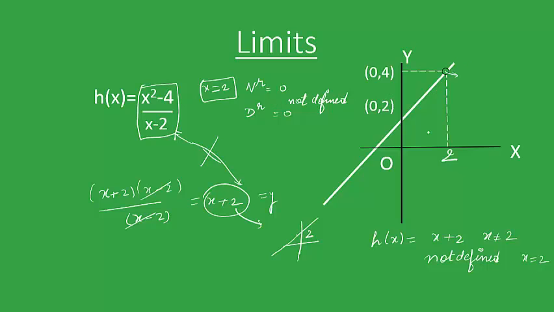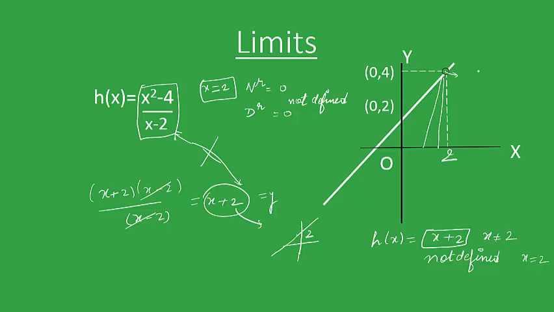As we approach closer to 2, the function has a value given by x plus 2, but as we reach 2, the function is not defined.